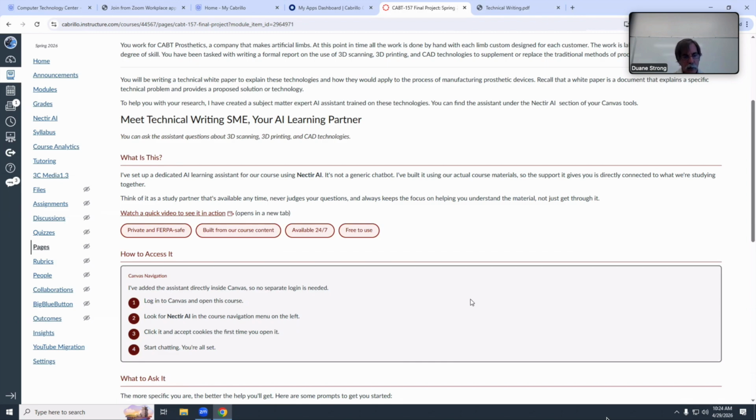So we're currently evaluating a couple of these things. There's one called PlayLab and this one, Nectar, that Cabrillo is evaluating. This is all new stuff for all of us, right? I looked at them both and decided Nectar looked a little bit better, so we're going with that for now. These have been approved by the college.